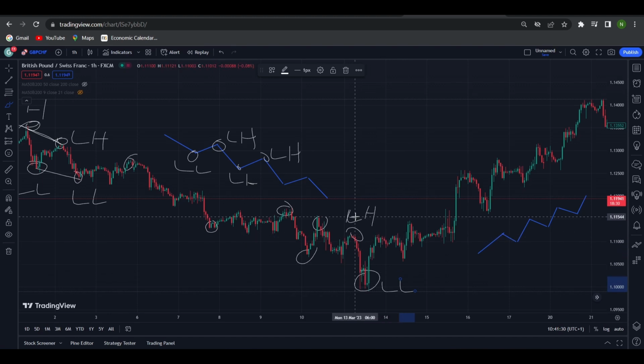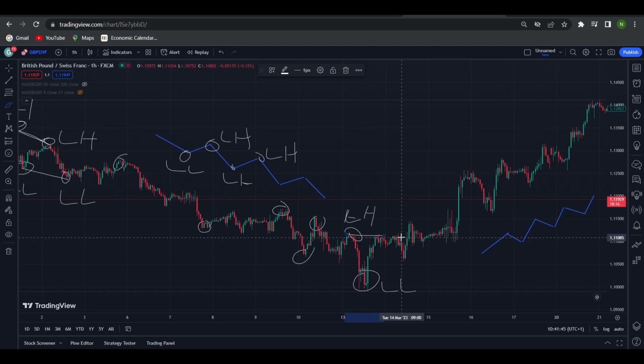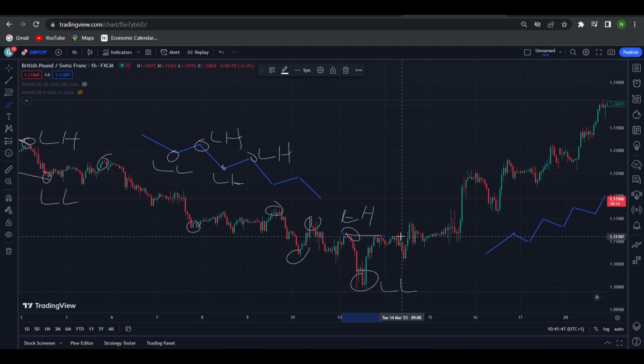What we would expect for the downtrend to be valid is to be making a lower low, but instead it fails to make a lower low. It reaches the point where the previous lower high was made. So that means that this downtrend might be exhausting and we might be seeing some buyers entering the market, meaning that we might be heading into an uptrend or into a consolidation period.